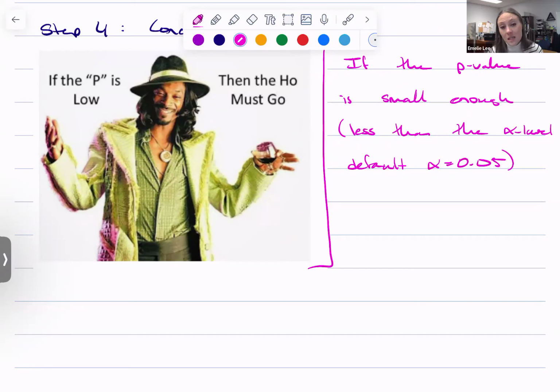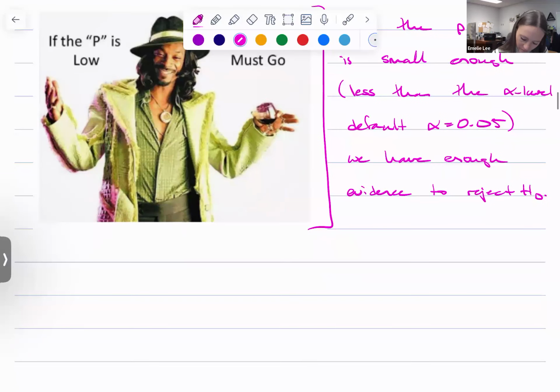If a question doesn't tell you what to use, you're going to use 0.05. That happens quite a bit where we don't even mention it, and then you'll use 0.05. So if the p-value is small enough, so less than 0.05, we have enough evidence to reject H naught in favor of HA.